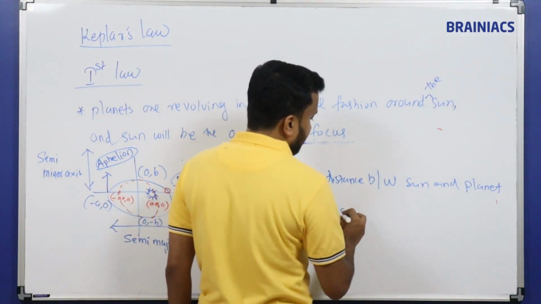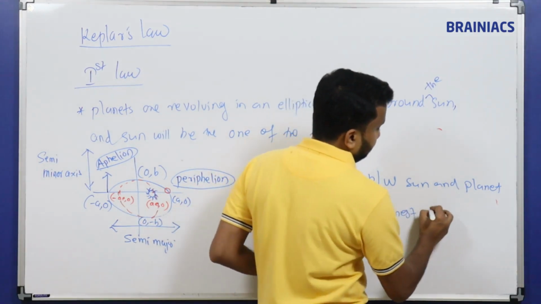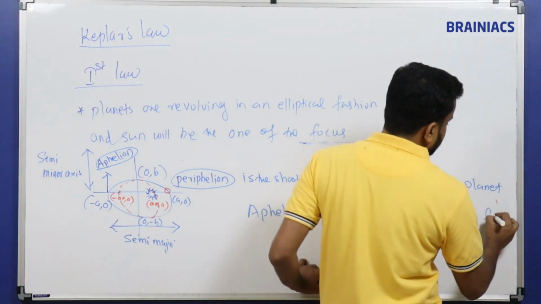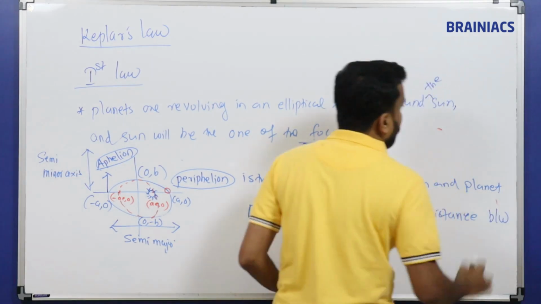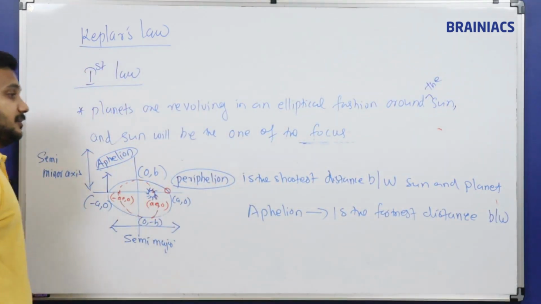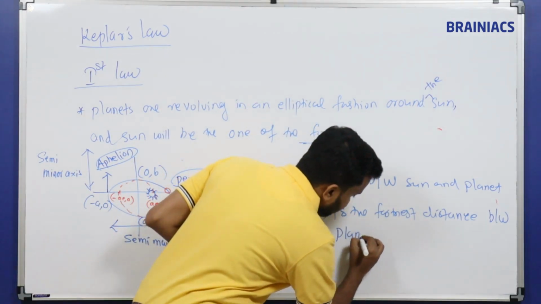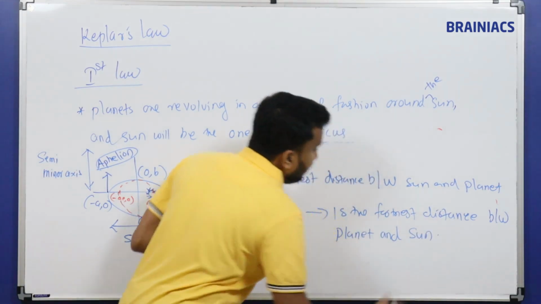What is aphelion? Aphelion is the farthest distance between the planet and the sun. That is called aphelion.